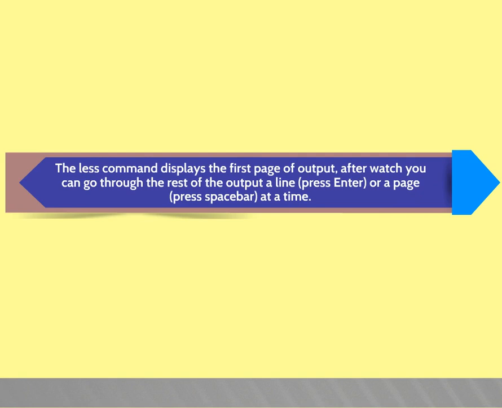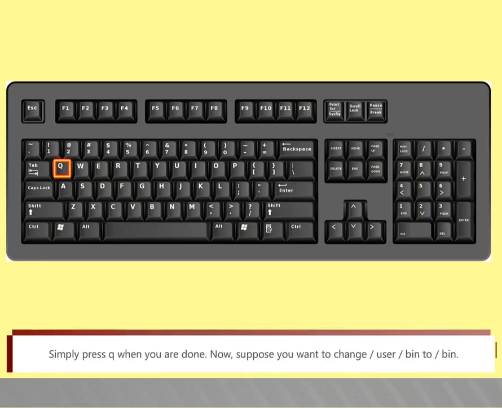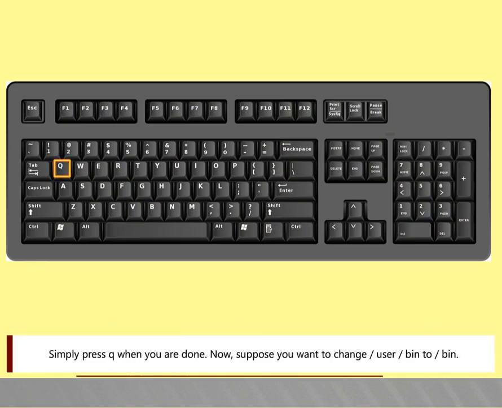The last command displays the first page of output. After that, you can go through the rest of the output a line at a time by pressing Enter, or a page at a time by pressing the spacebar. Simply press Q when you are done.